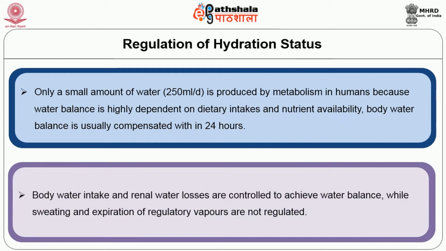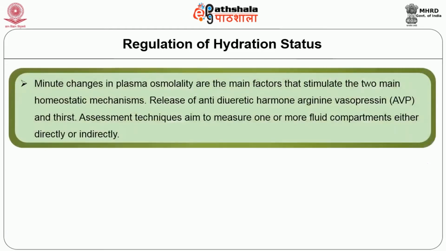Body water intake and renal water losses are controlled to achieve water balance, while sweating and expiration of respiratory vapors are not regulated. Minute changes in plasma osmolality are the main factors that stimulate the two main homeostatic mechanisms, the release of antidiuretic hormone, arginine vasopressin, and thirst.